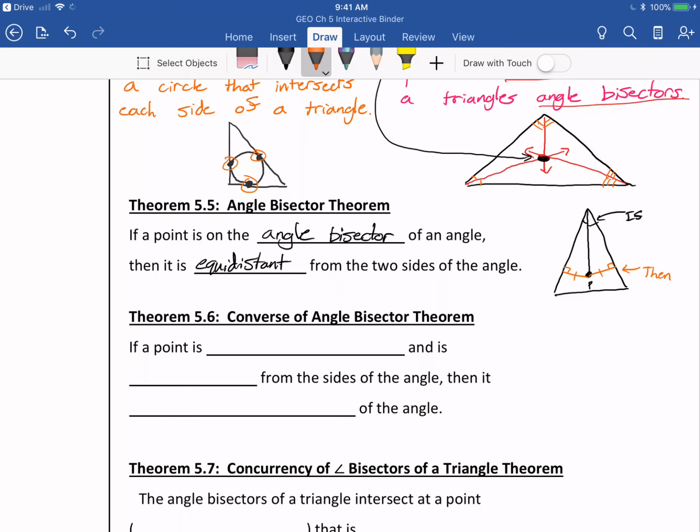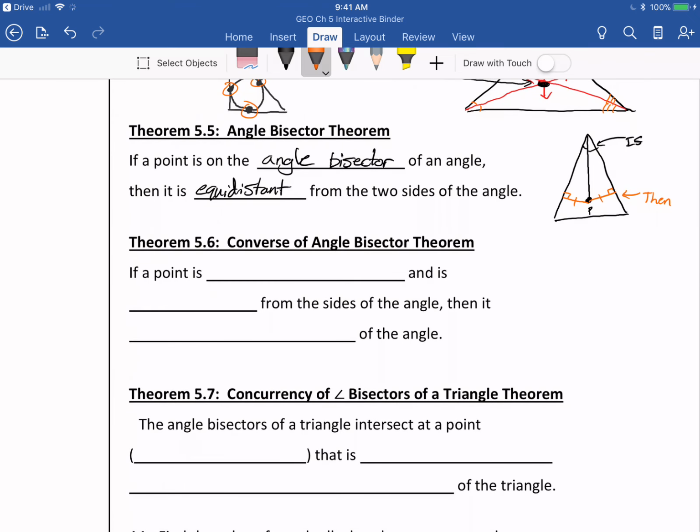Okay. So the converse is really just the opposite of that. It says if a point is in the interior and it is equidistant from the sides of an angle, then it is on the bisector of that angle.